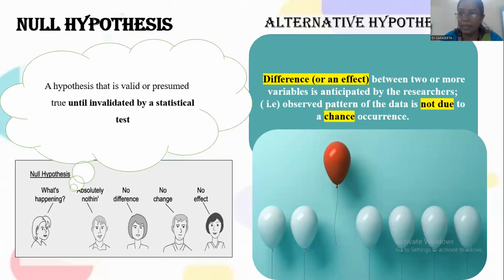So that is the null hypothesis. In contrast, you also have to present an alternative hypothesis, which is what difference you are anticipating. It is just the opposite of the null hypothesis. If the null hypothesis says A and B are the same, your research or alternative hypothesis says A and B are not equal. Okay.